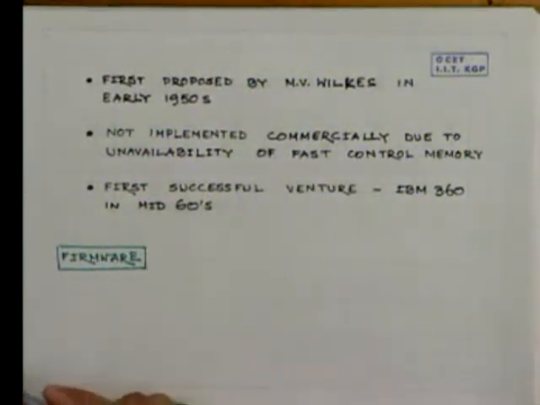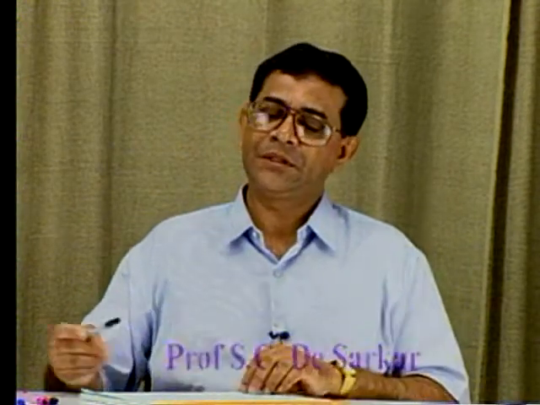but though it was a very methodical and simple way of designing a control unit, it was not very popular, because if this control unit has to work satisfactorily, the control memory has to be very fast, since the total control will depend upon how fast the contents of the control memory can be fetched. Till the mid 1960s, the contemporary technology could not give very fast control memory.